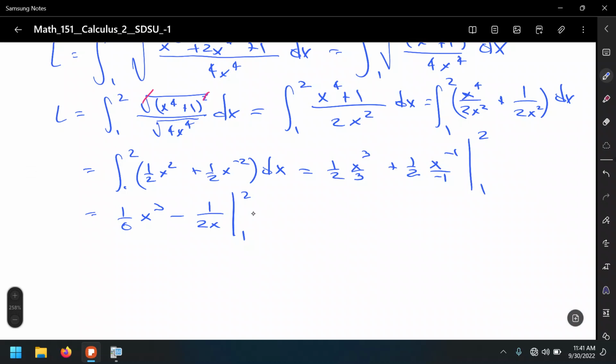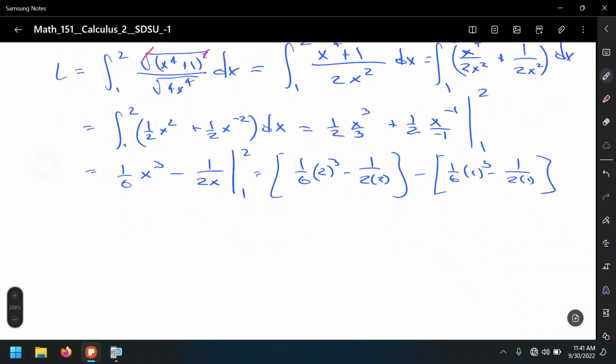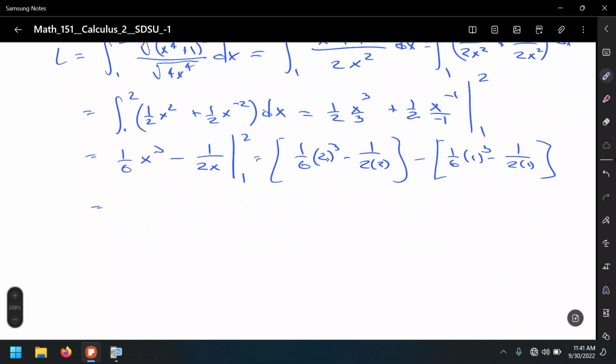So this will be 1 over 6 times 2 cubed minus 1 over 2 times 2, that's f of b, minus f of a, which is 1/6 times 1 cubed minus 1 over 2 times 1. Let's simplify this. 2 cubed is 8, so that's 8 over 6.